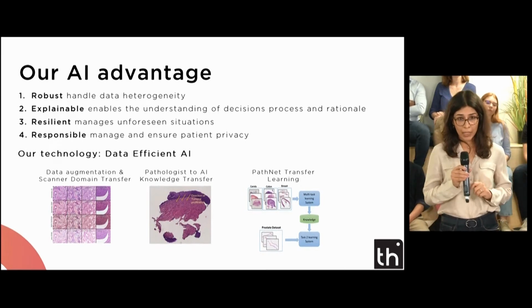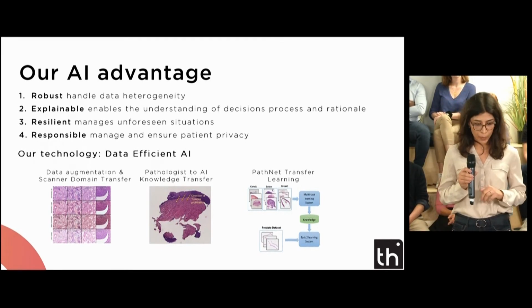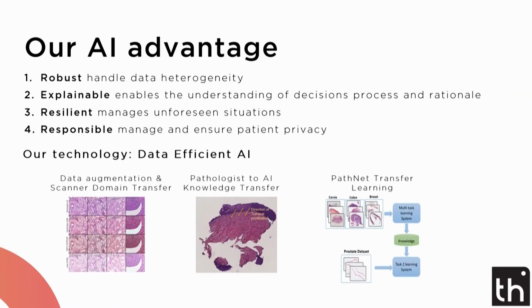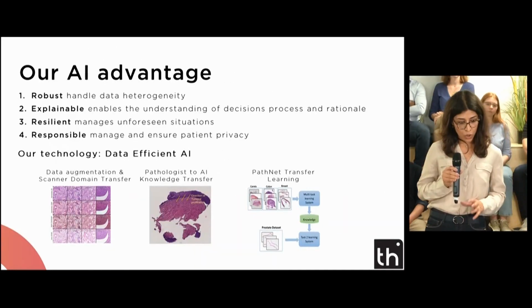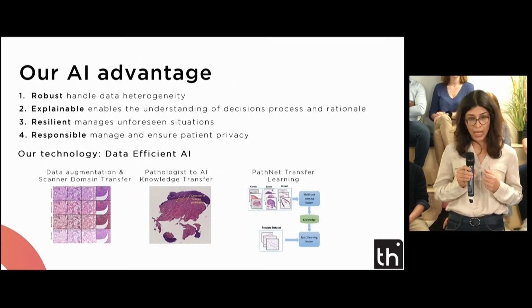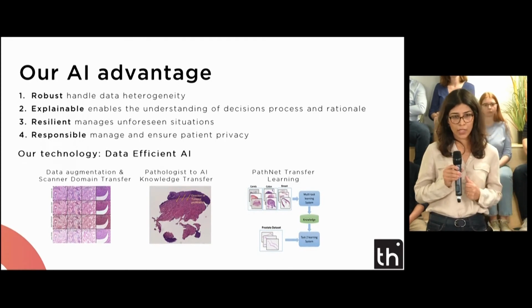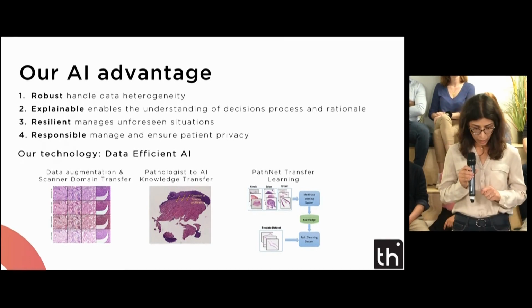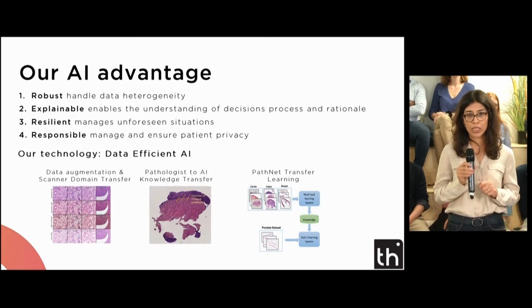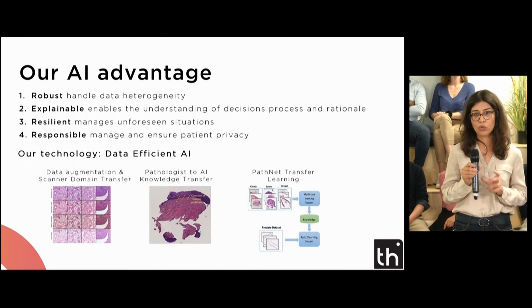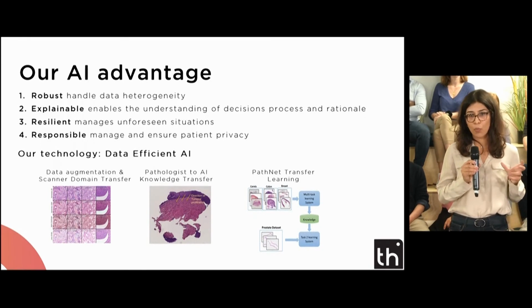So we are combining many techniques. First, we are using data augmentation tools to artificially increase the amount of data by transferring the images from one scanner domain to another scanner domain, for example. We are also working in close collaboration with pathologists, so we are trying to model their knowledge in our AI model, to avoid unreasonable decisions by the AI system. And finally, we are using transfer learning, which allows us to transfer the knowledge from one system to another.